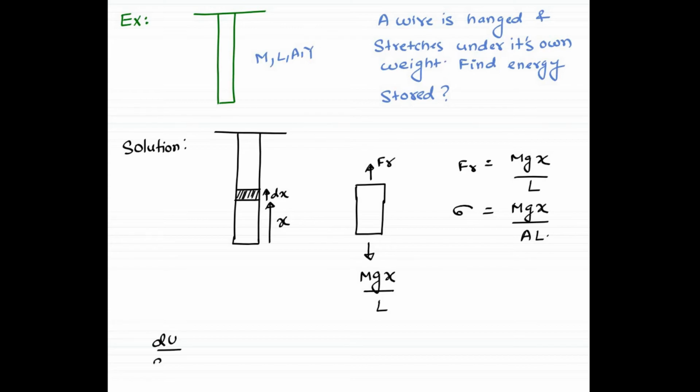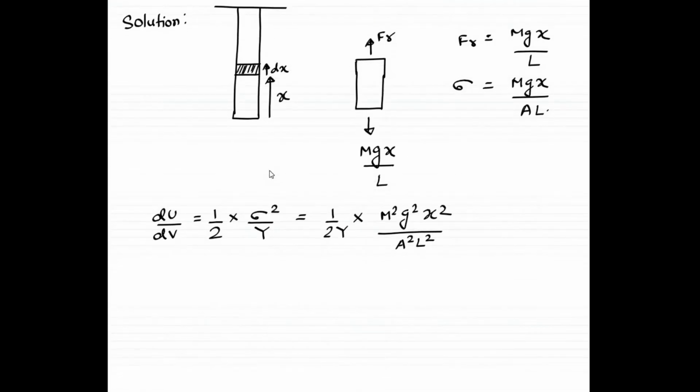So I can write energy density is half into stress square by Young's modulus. dV is the volume of that segment, which can be written as cross-sectional area into dx.